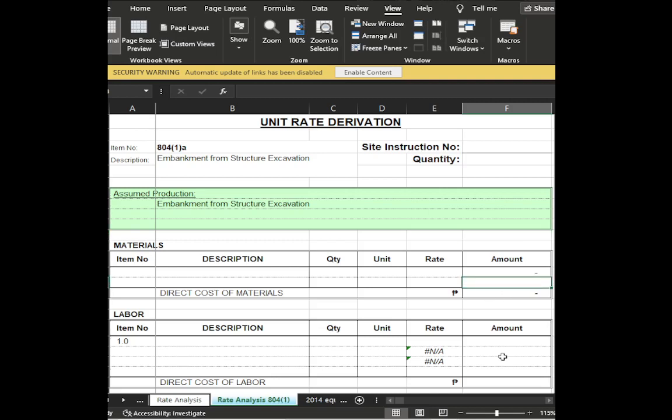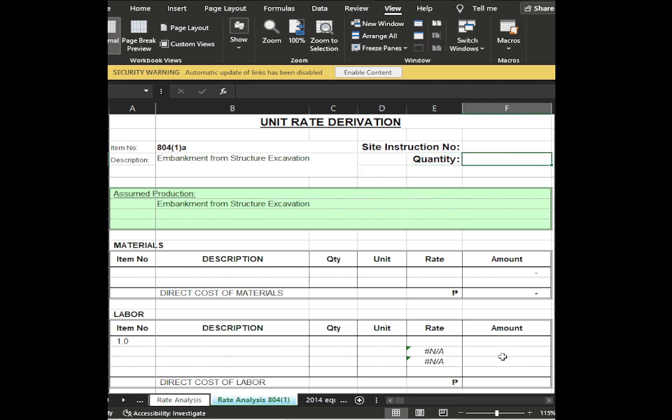Hello guys. Our previous discussion was about excavation of structure excavation for common soil, soft rock, and hard rock. Now we will analyze, guys, the item 804.1a, which is the embankment from structure excavation.